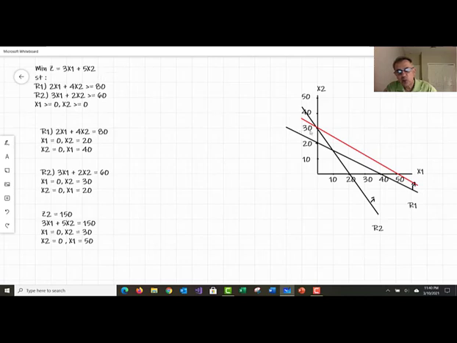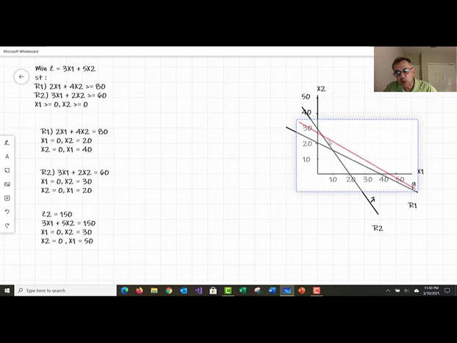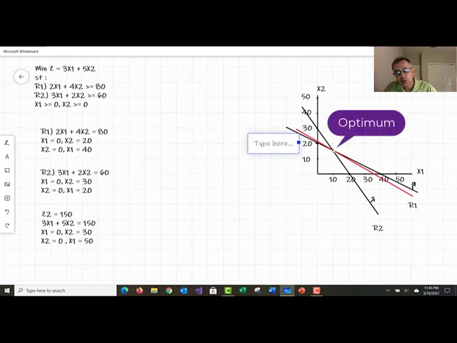What we want to do though is to make this as small as possible. Therefore, we are going to lower that line, not changing the inclination, all the way until we leave the feasible region. So this point right here is going to be my optimal solution.